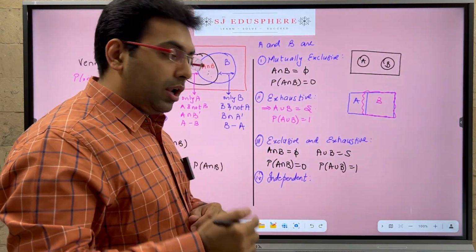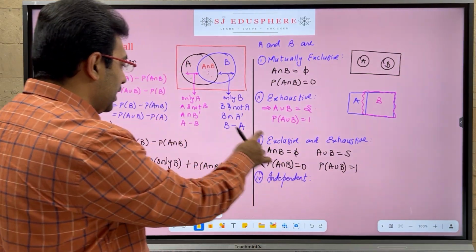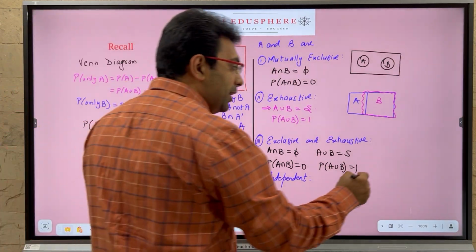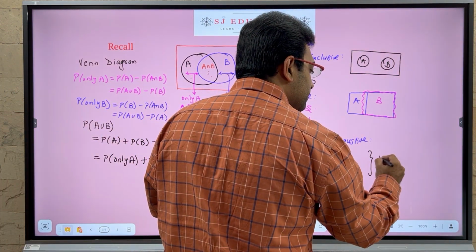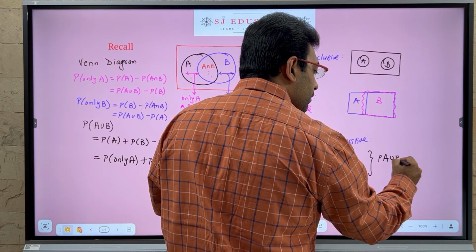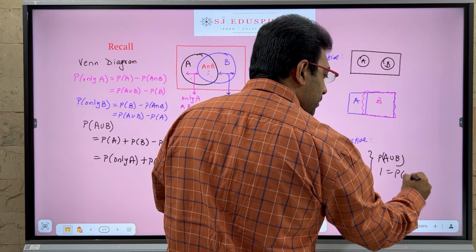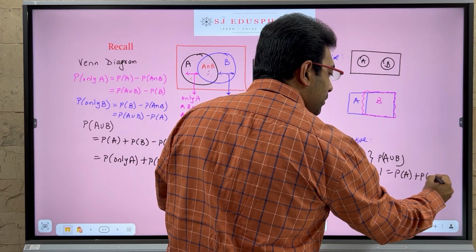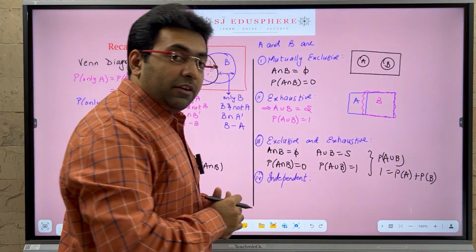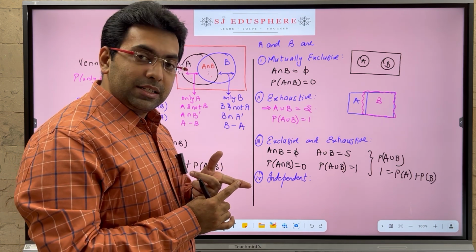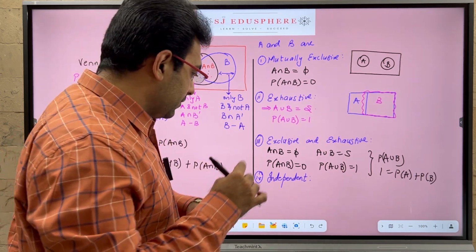Do we recall that when we put this in our A union B formula, probability of A union B, which is 1, gives me probability A plus probability B, and I also define this as disjoint set, partition sets or complement set.